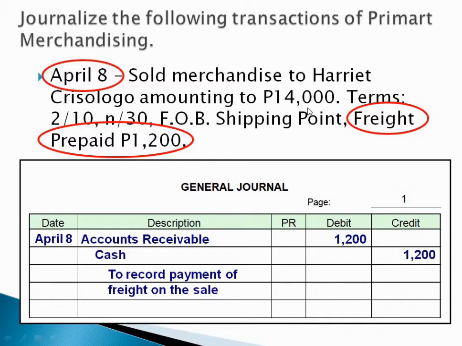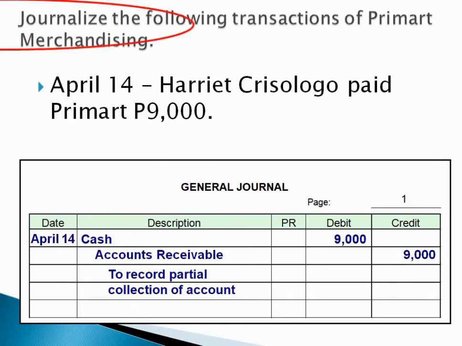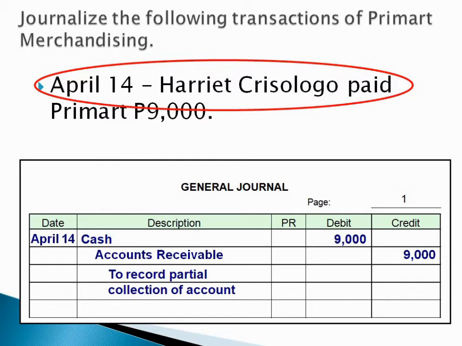Debit 14,000 and debit 1,200. So we add for a total of 15,200. But then on April 14, we credited accounts receivable for Harriet's partial payment of 9,000.